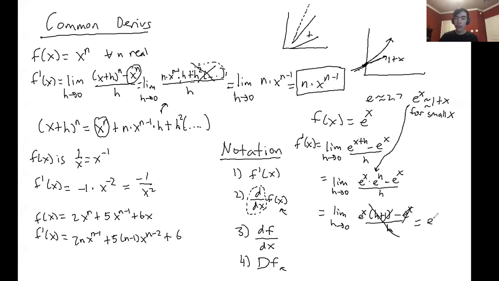So we actually just get e to the x. This is a very powerful result, because f prime of x is actually equal to f of x, which is e to the x. So e to the x is a function where if you take the derivative, nothing happens to it. And that's really marvelous and pretty cool.